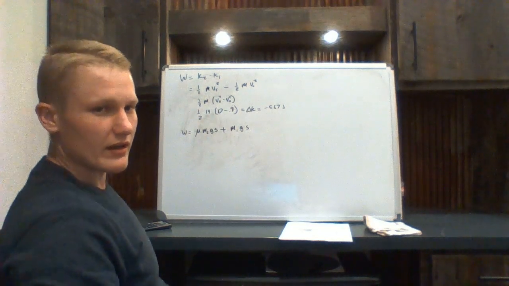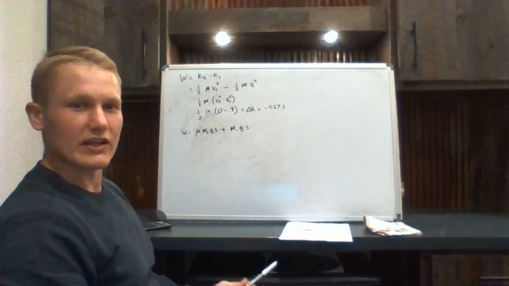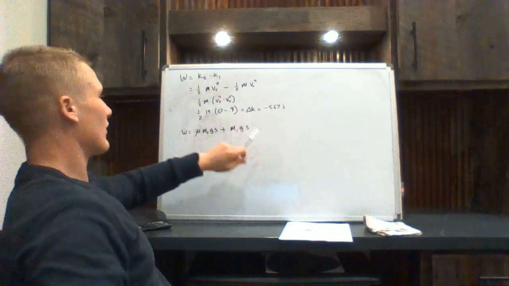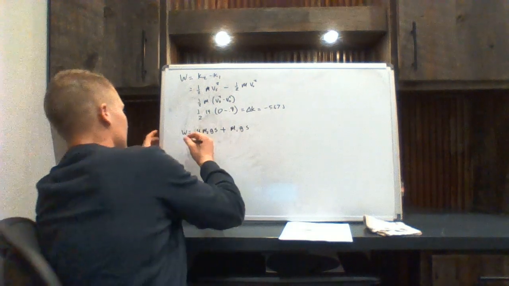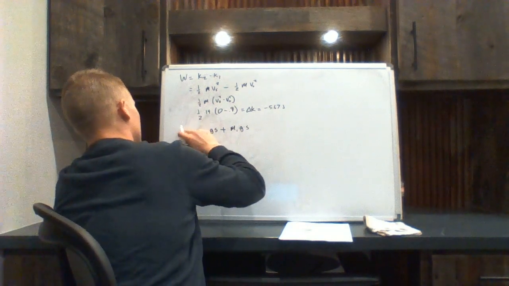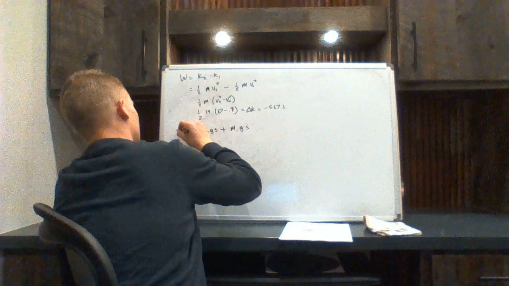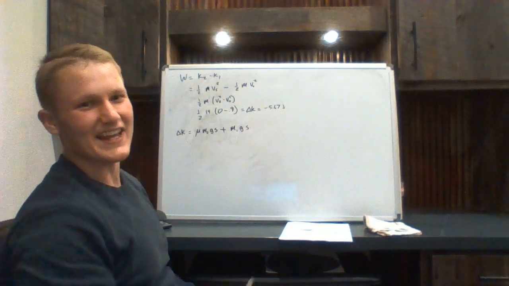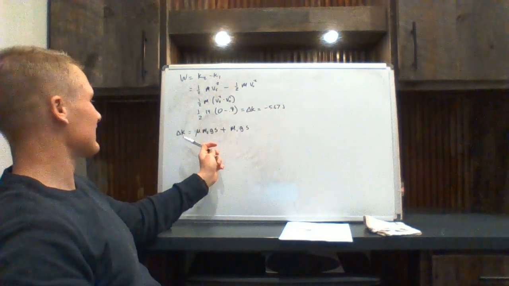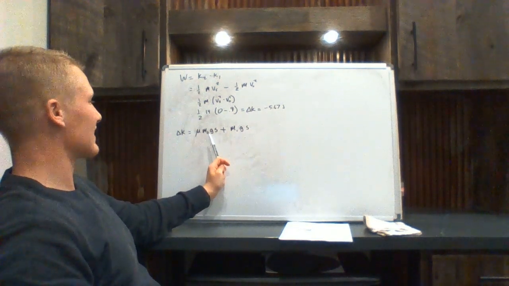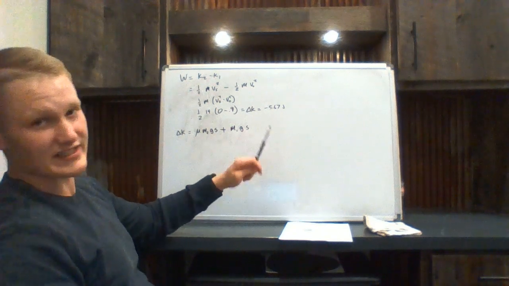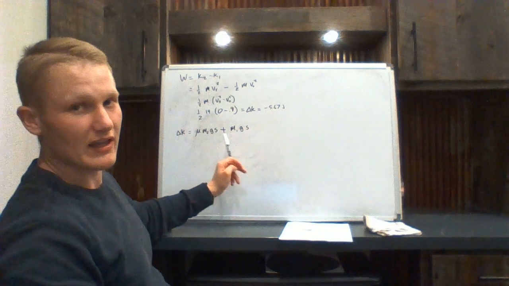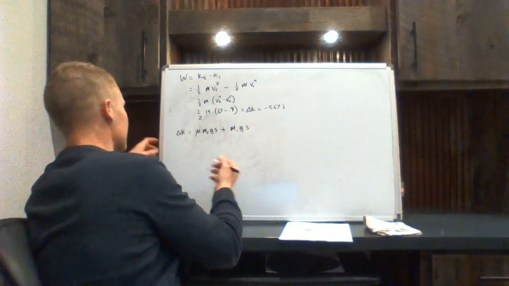What we can do to make this equation a little bit easier is, because work equals our delta K, we can put delta K in here. And now, because we have values for delta K, our mass, gravity, distance, we can solve for our coefficient of friction and then input our values.